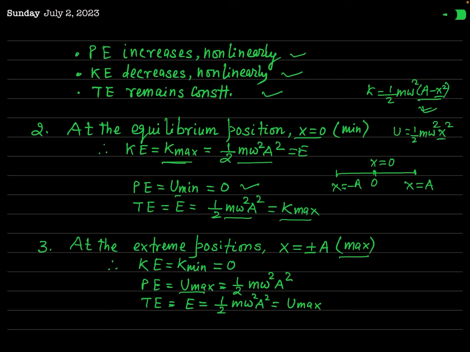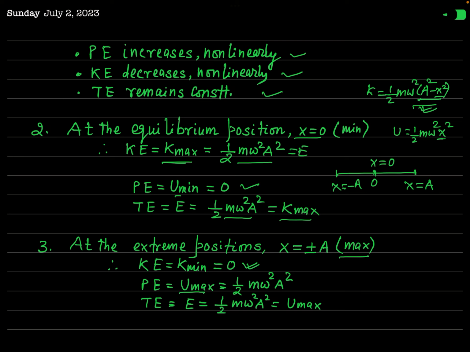You can see that when you put x equal to a or minus a in the expression for kinetic energy, a square minus a square will cancel out. So kinetic energy at the extreme position is 0. It is obvious because at the extreme position, the velocity of the oscillator becomes 0, so kinetic energy will be 0, and it is the minimum value of kinetic energy.